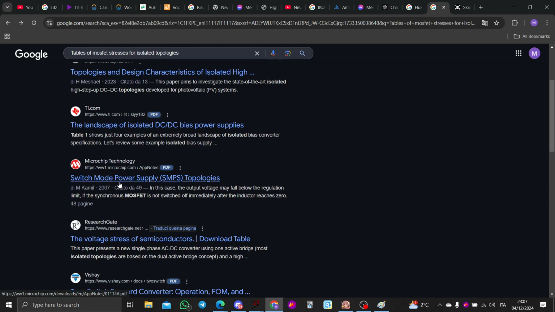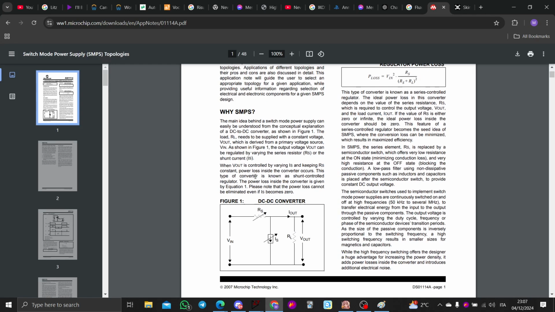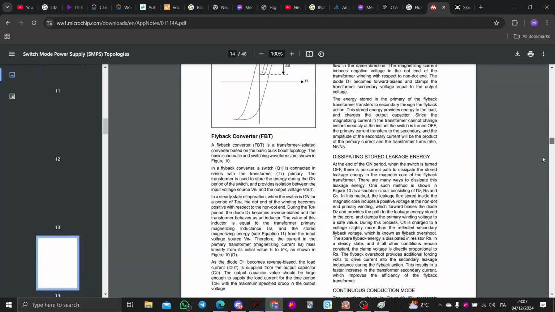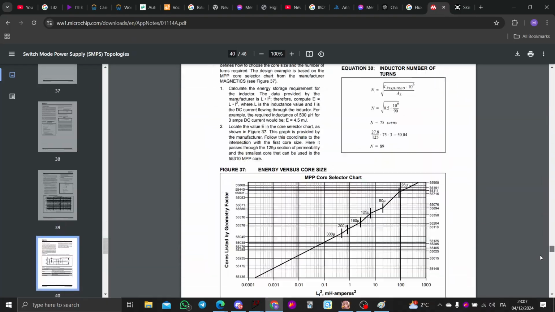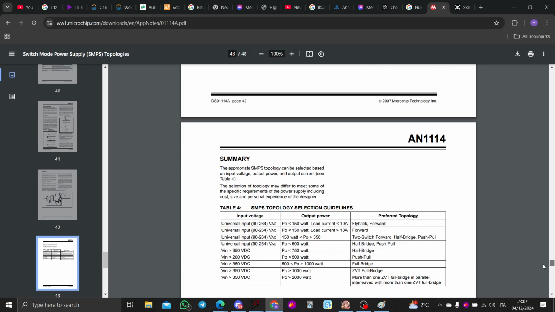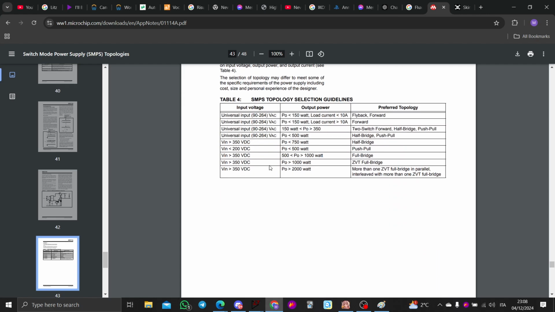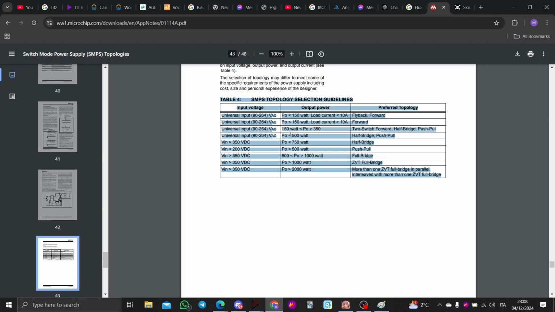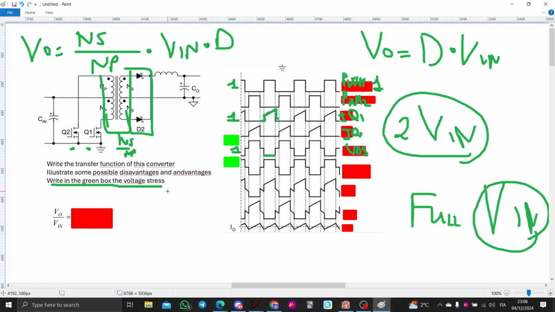I will give it to you, by the way, at the end of the video, maybe in the comments. Also remember the selected topologies, when you have to select what power topology you should select for a given voltage. This is also important, they can ask you this.